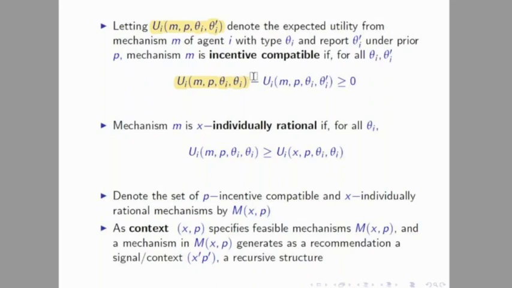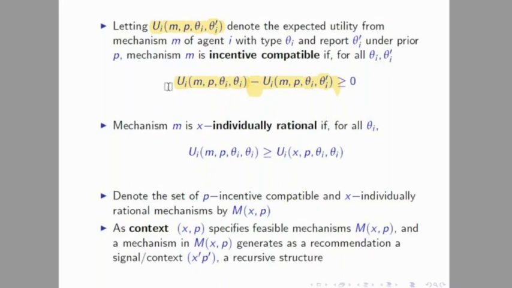Now the mechanism is incentive compatible if reporting truthfully to the mechanism generates at least as high a payoff to the agent as misreporting his type. And that has to be true for all the agents I, with all the types theta I, and all the misreports theta prime I.